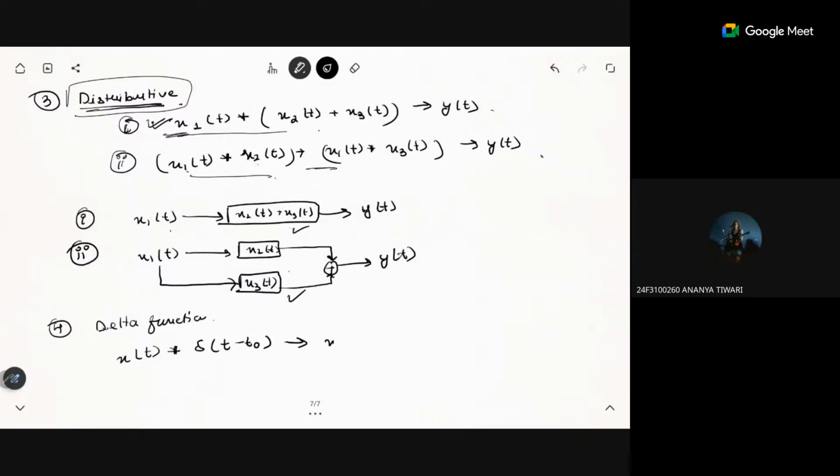It will be simply the shifted version of the input signal. Very simple. x of t convolved with delta of t minus t naught will give x of t minus t naught.